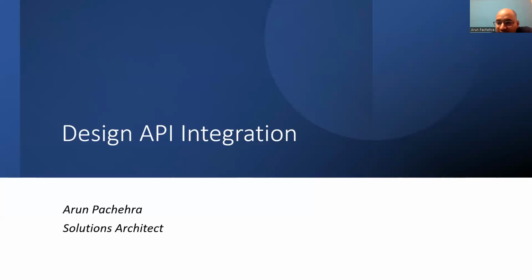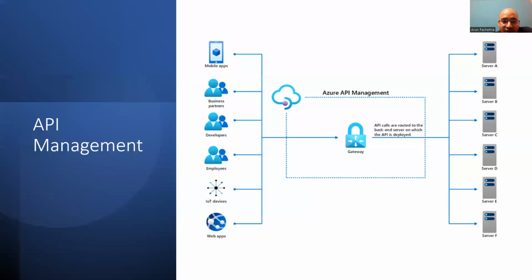So let's quickly explore API management, which will ultimately help us design API integration. So let me check. There we go. So let me get my laser pointer. API management. This is the more or less basic architecture of API management, which is representing the front door.